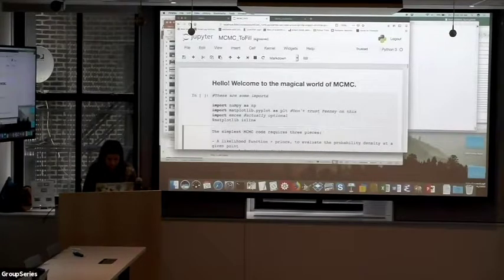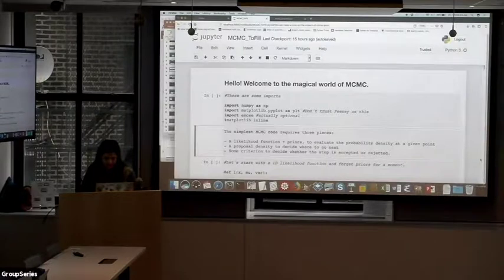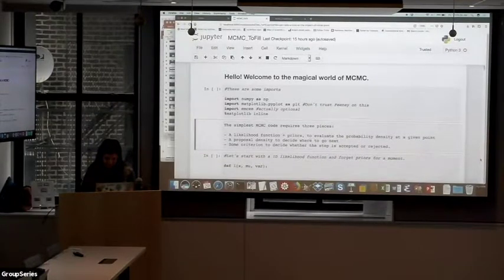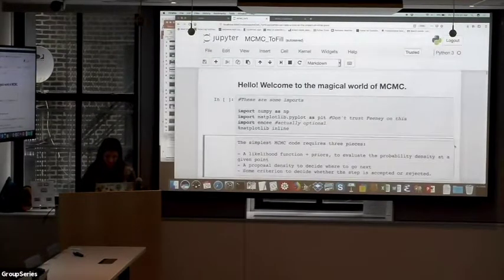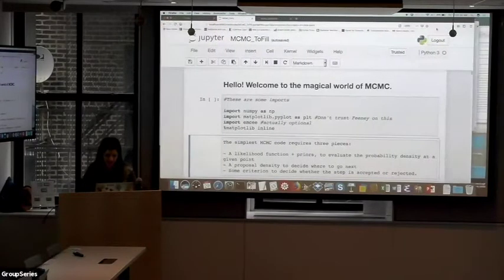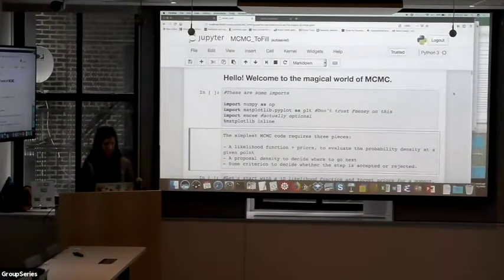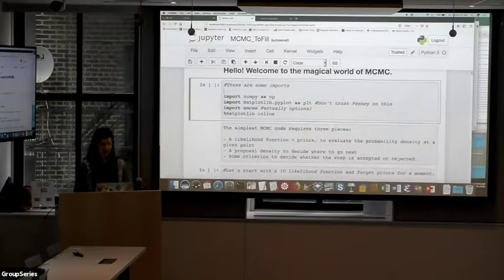Should we just open a blank one? Yes, you can just open a blank one, and we'll fill it in together. So import NumPy, and matplotlib.pyplot as plt.